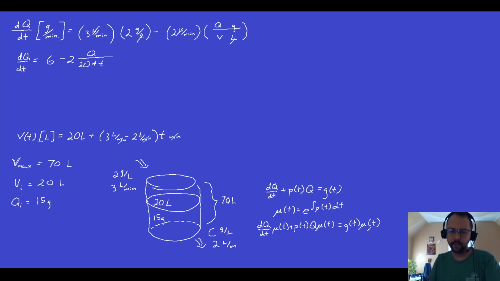Now the reason for doing that was because on the left hand side you use the reverse of the chain rule, and you can see that the derivative with respect to time of q times mu of t is equivalent to what we have on the left side there.